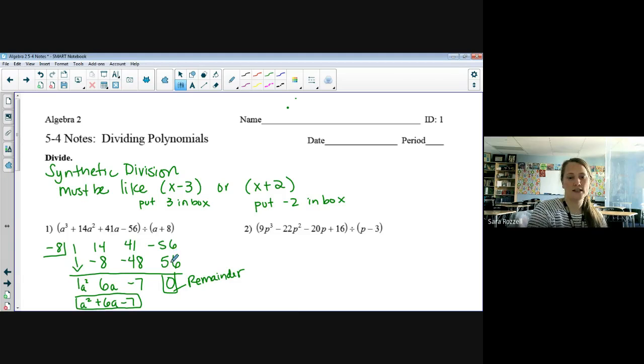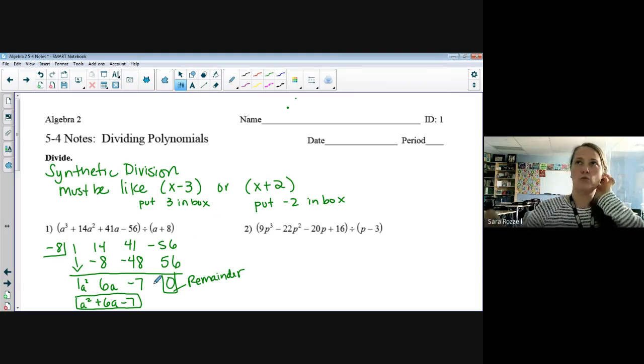I add these together, and I have 0. So the numbers at the bottom, they multiply by what's in the box. Then you add, multiply, add, multiply, add until you're finished. When we go through the next one, that's going to help you out as well.